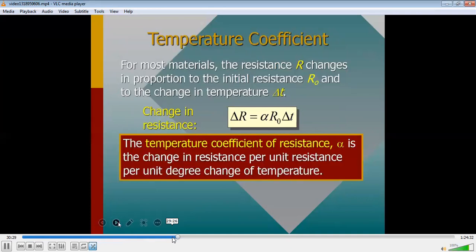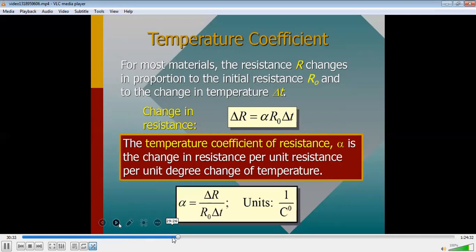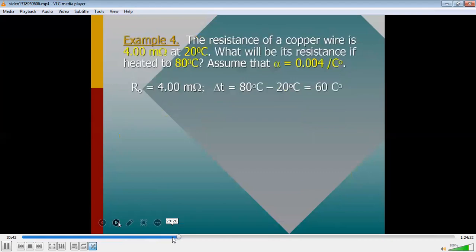So we use this formula: alpha equals del R, the change in resistance, divided by the original resistance into the temperature difference, whose unit is per degree centigrade.